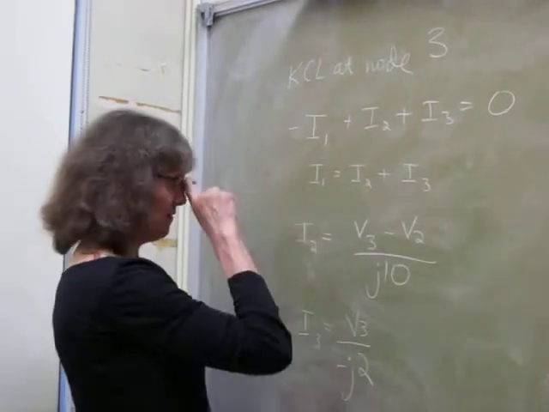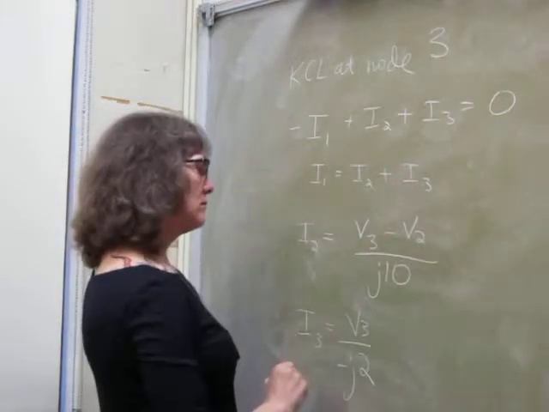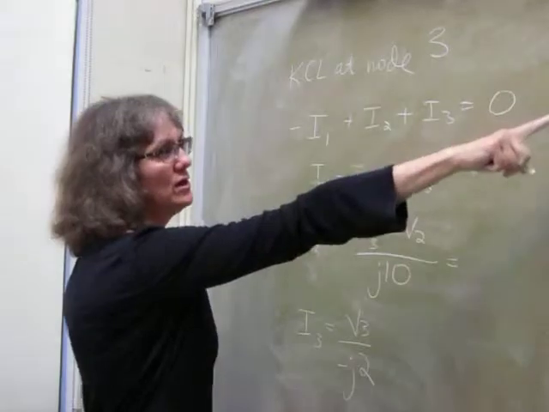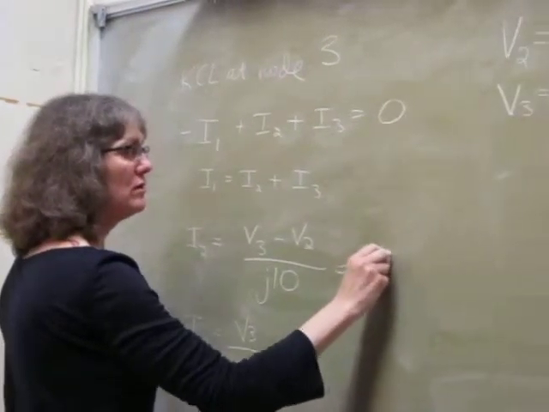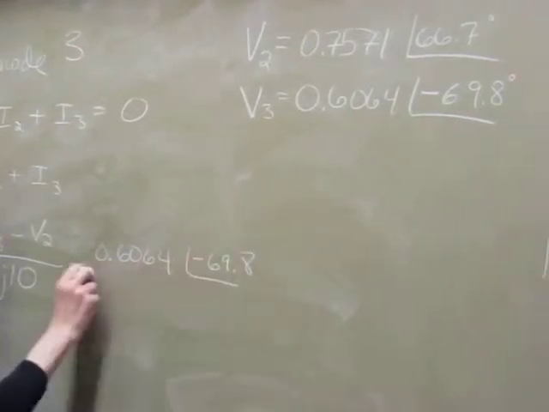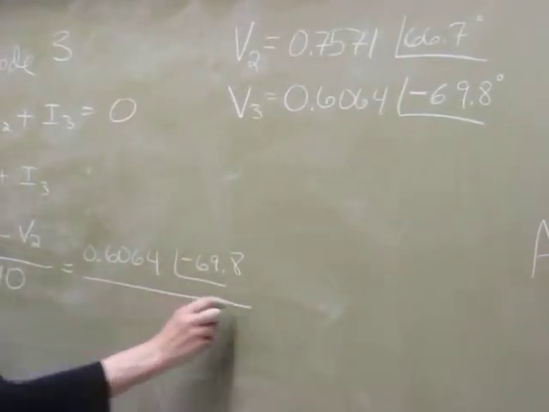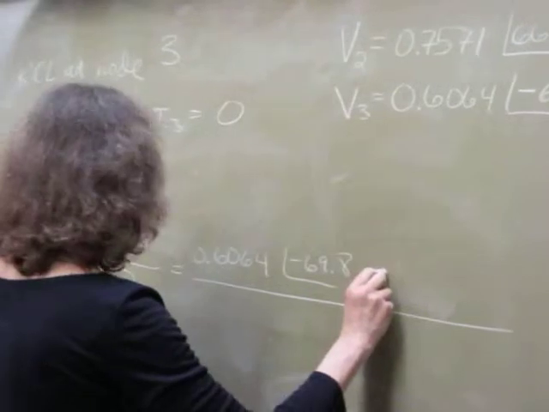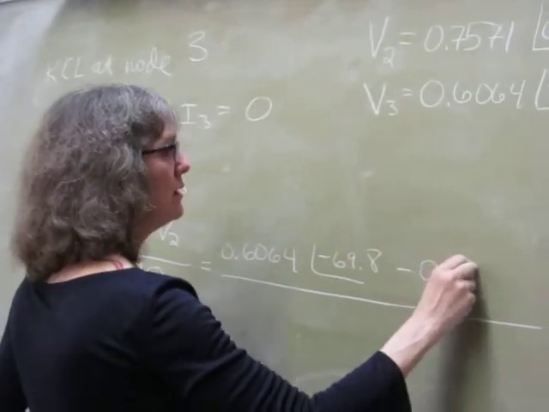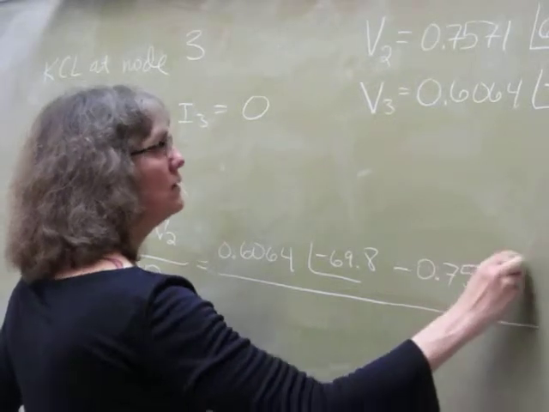So I'm just going to, okay, V3 is given, we have it here, 0.6064 angle minus 69.8, minus V2. Okay, so we've got some kind of ugly complex algebra.